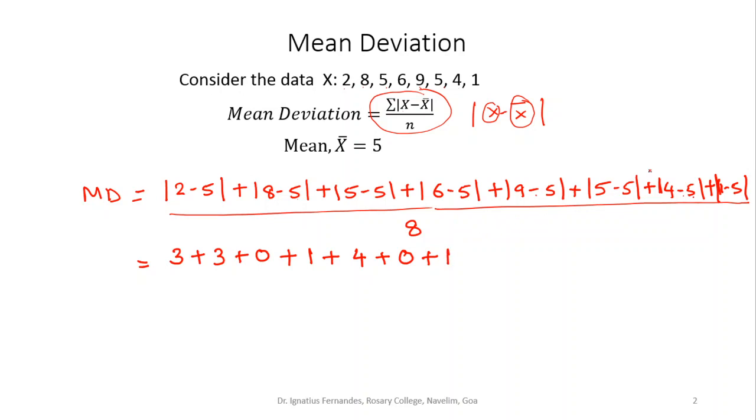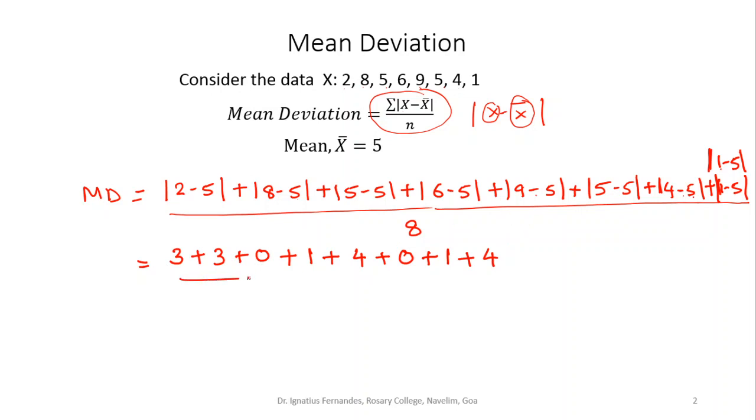So this absolute value basically takes out all the negative signs, it converts into only the positive value, or it looks only at the magnitude of it. Plus this entry is 1 minus 5, which is minus 4, with the absolute sign, it is plus 4.